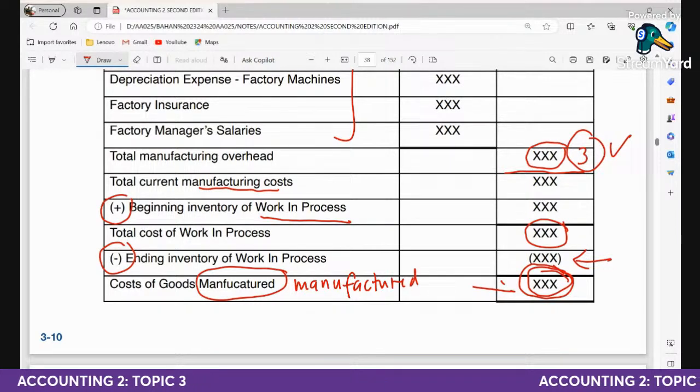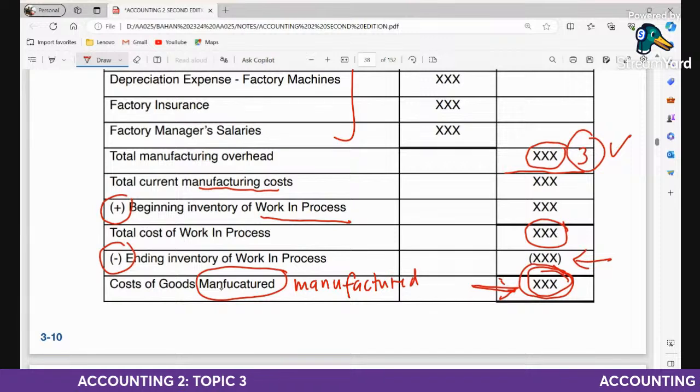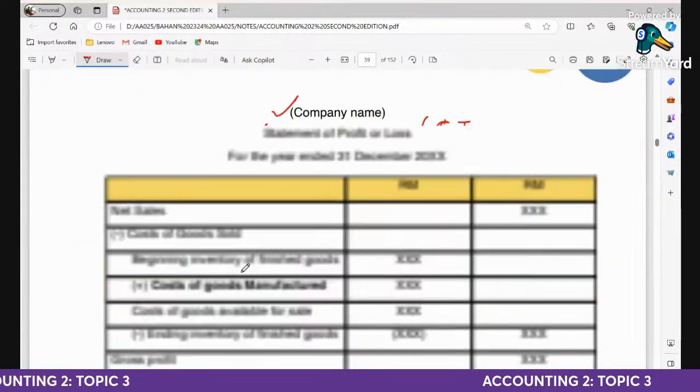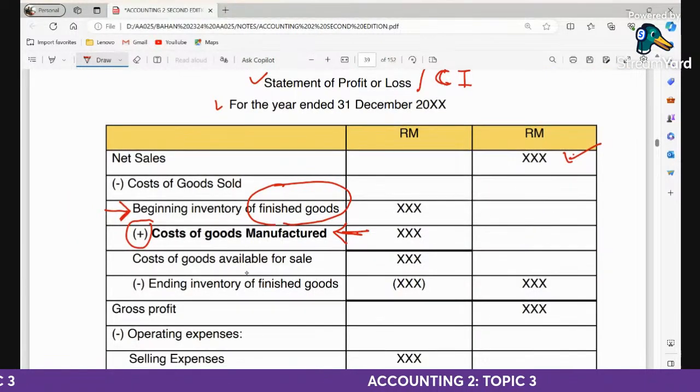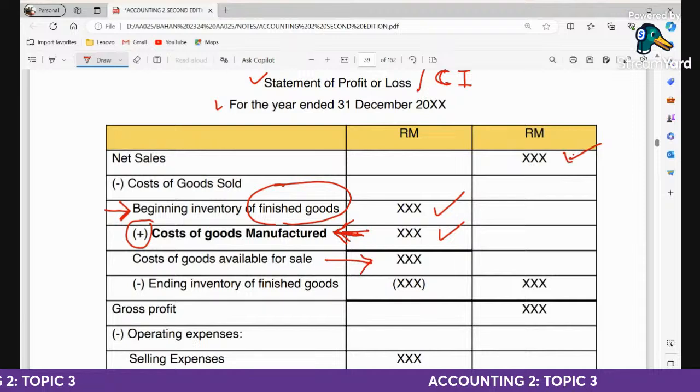Okay, so kena kira dengan betul lah. Sebab bila you dah kira cost of good manufactured, alright, this one, nilai ini akan dibawa ke SOCI. So dia akan dimasukkan di sini. Alright. Okay, so beginning inventory plus COGM, kita akan dapat cost of goods available for sale.